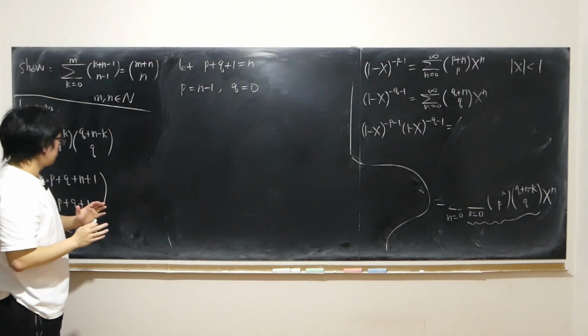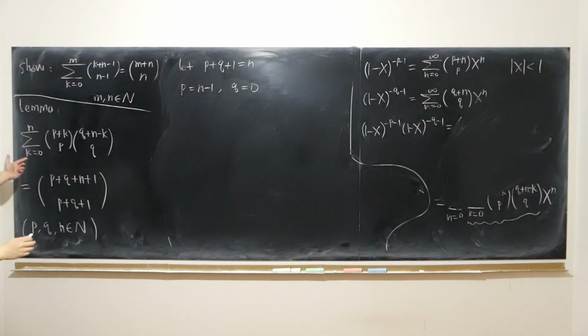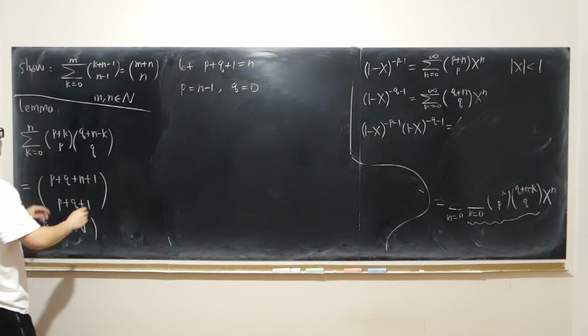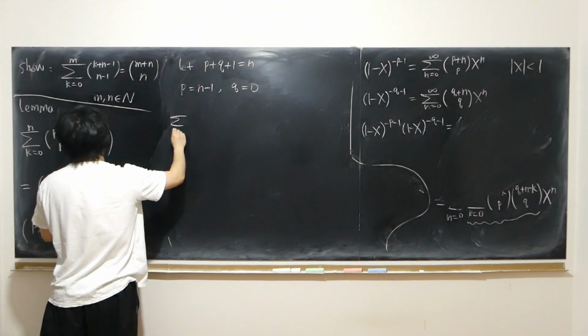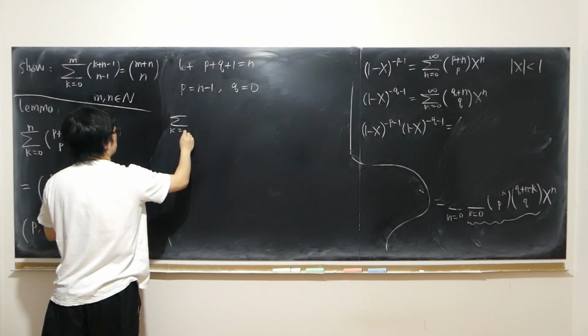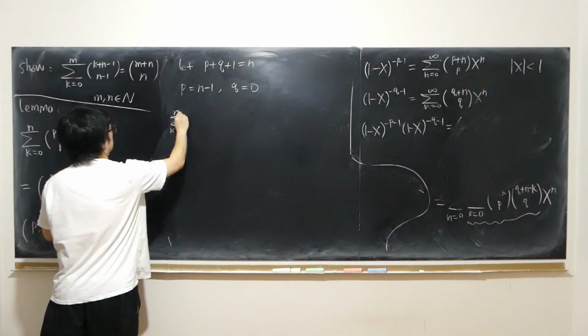So what happens now? Can I just replace n with m? It's the same concept. Replace every n with m, still the same thing. Let's say this time k goes from 0 to m.